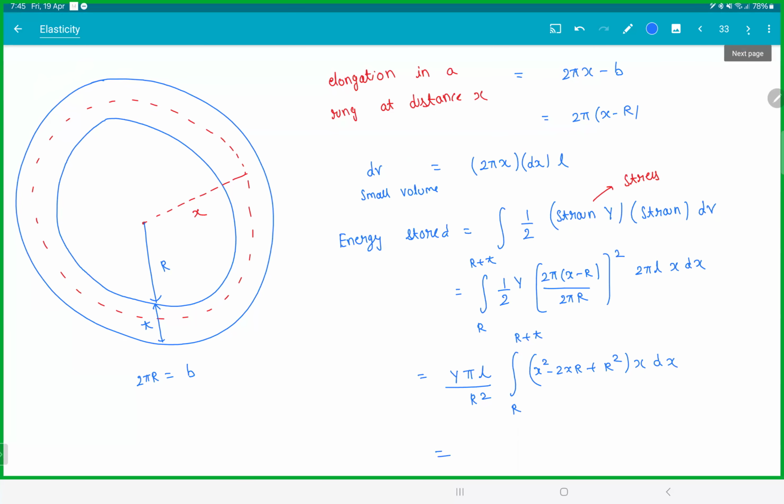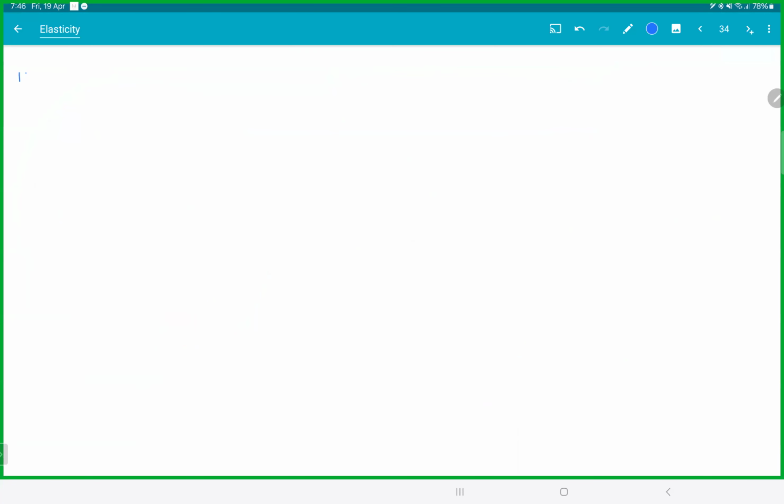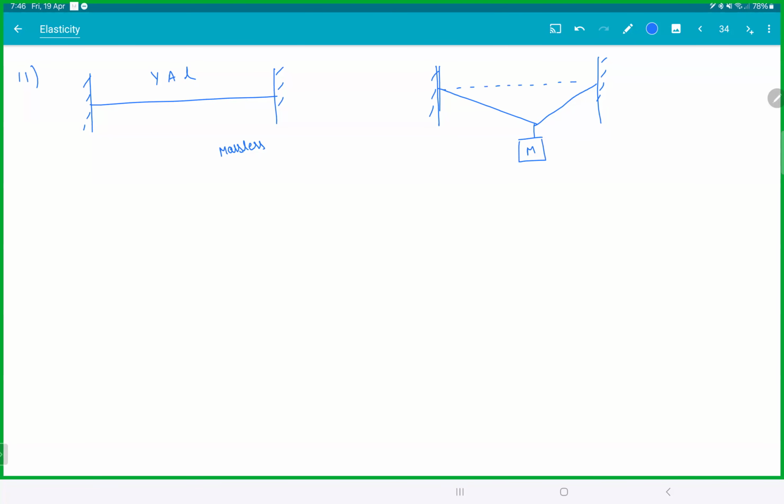Turn the page. Last one for the day. We got a wire here. This is another standard question. A massless wire. Then what you did, you attached a mass M, and because of this, the wire got stretched.